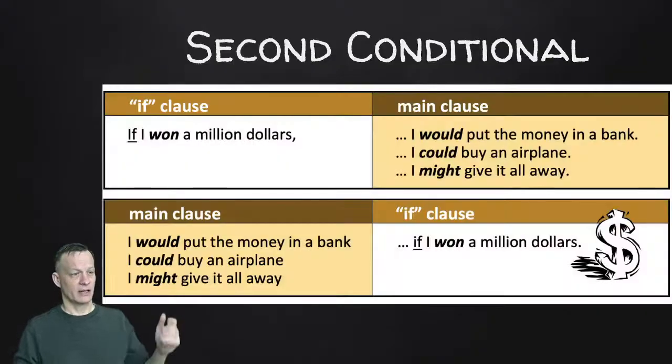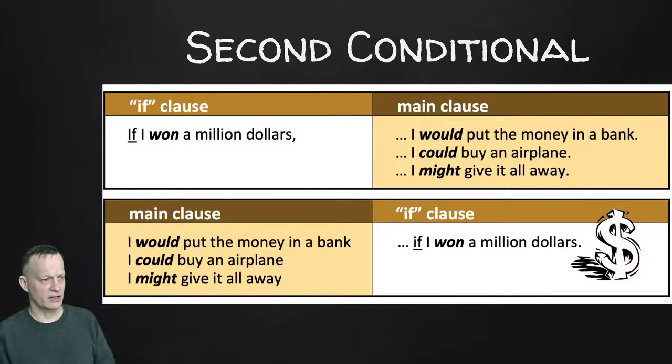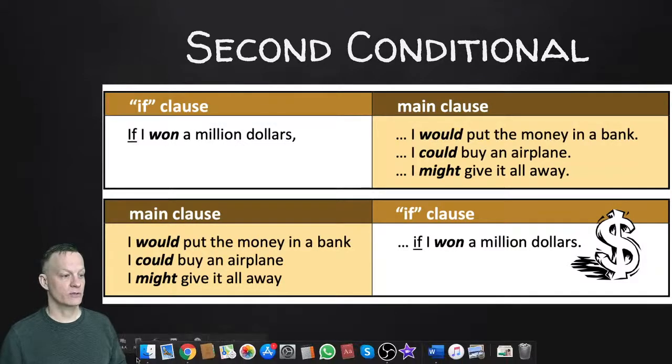So let's start with the second conditional. I think I am out of the way. Yes. Good. So I explained yesterday, but I'll explain again very quickly. Everybody should know this. We have two clauses in the conditionals, the if clause and the main clause. Here with the second conditional, we make it with, where's my pointer?